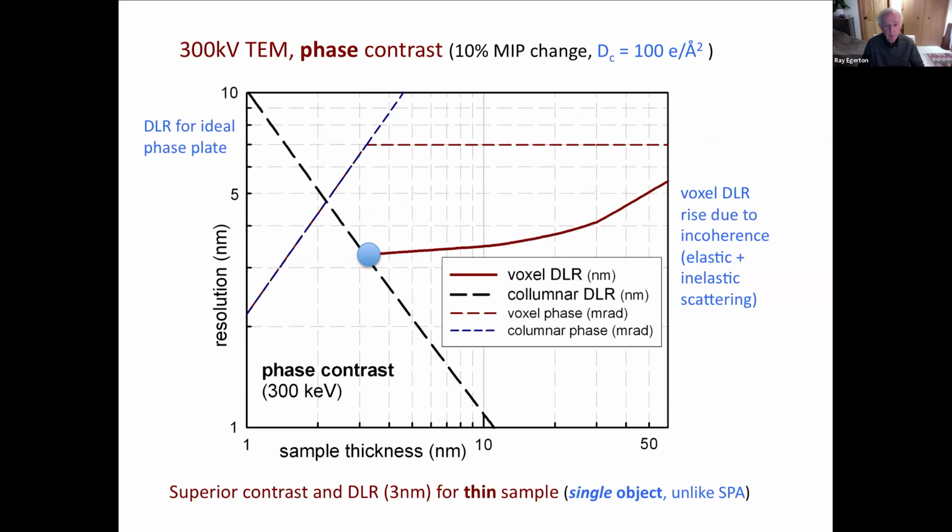Here we're applying our dose-limited resolution formula to the case of this same dose-sensitive material using phase contrast in the TEM. And you'll see once again that the dose-limited resolution decreases up to a thickness where the dose-limited resolution equals the thickness.